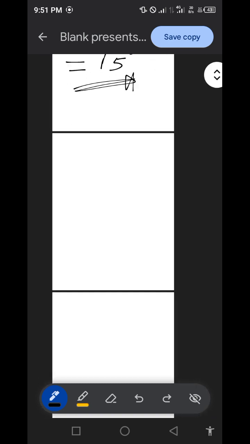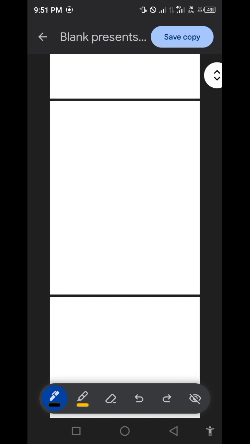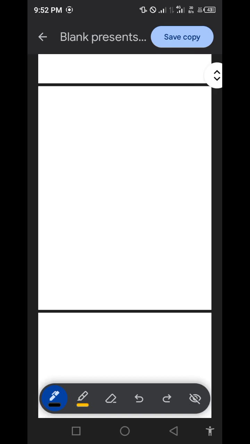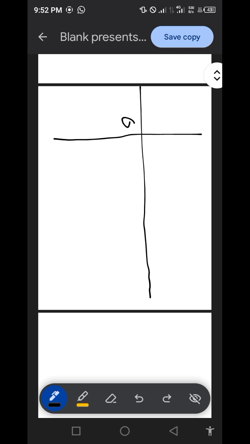So I'm going to draw my line here and another line here. I'm calling this line the one for 0, then this one is a vertical line. You can call it a y-axis if you want.